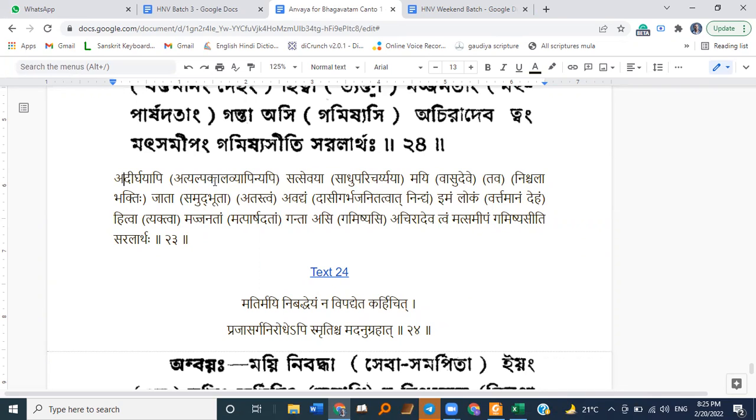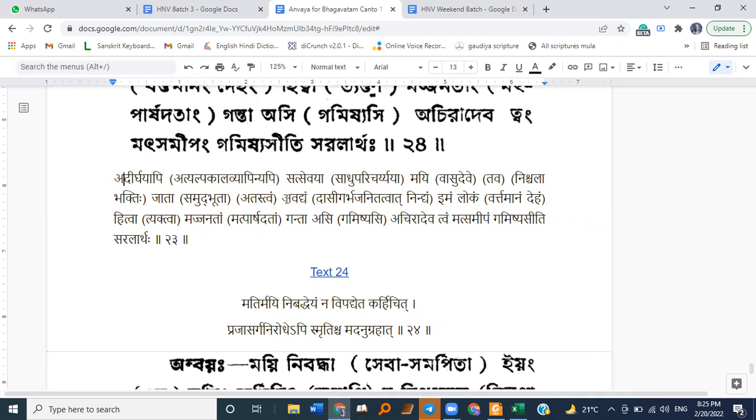Ati alpa means very short. Kala vyapini means duration period. So jata samudbhuta means you have determined devotion in me by serving the sadhus even for a very short period of time.